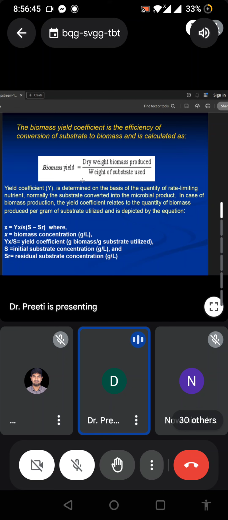Some more parameters are also used, like biomass yield, which is measured. Biomass yield is how much dry weight of biomass is produced divided by the weight of substrate used. Based on how much substrate you use, how much cell is produced. The difference between dry weight and wet weight is, when you centrifuge the cells, there will be some water clinging to the cells.